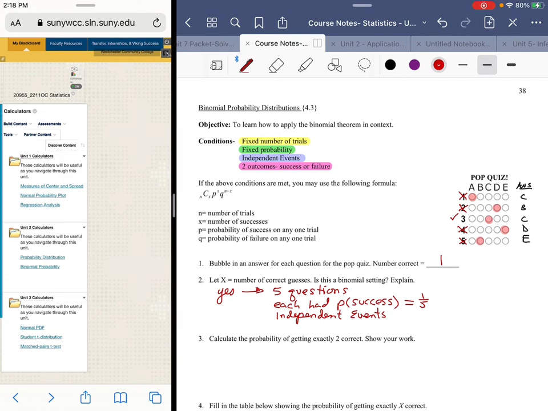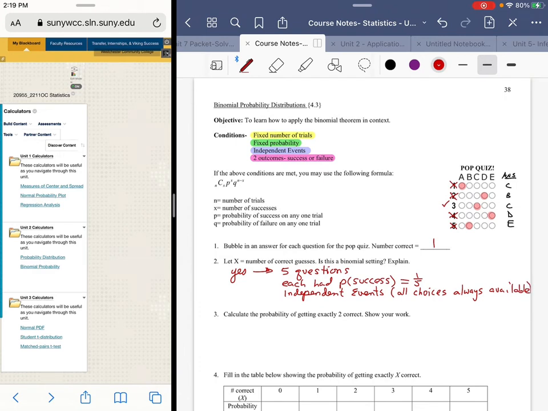You're flipping a coin, heads or tails, those are your outcomes. No matter how many times you flip the coin, you're always going to have heads or tails as your possible outcomes. So independent events, all choices are always available.